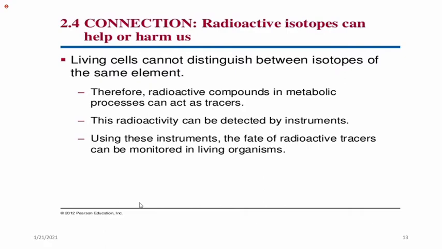You might have heard this term, positron emission tomography. It is useful for diagnosing heart disorders and cancers, and it is helpful in brain research also. So this is the use of radioisotopes in technology.